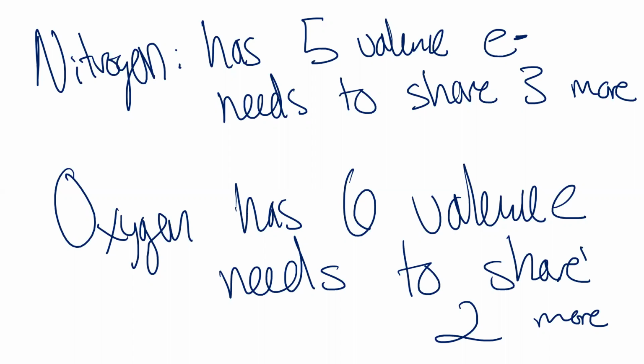Theoretically, it only needs to find 3 more ways to do it. I say theoretically because the exceptions start appearing once you leave that first row. Carbon, nitrogen, oxygen, fluorine are the only things that actually obey the octet rule perfectly and never break it. There are more exceptions in reality than there are not.